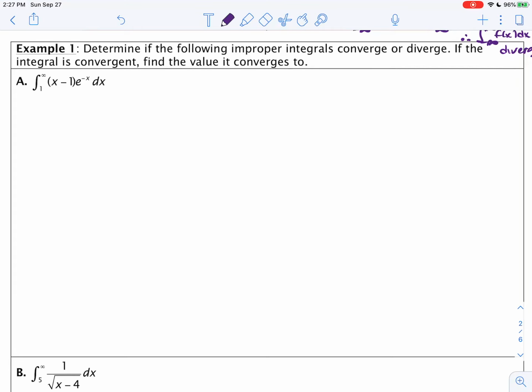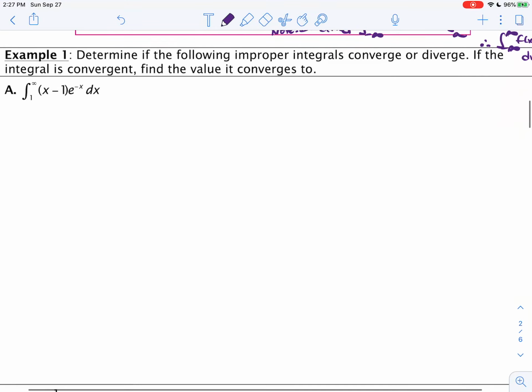Before me in example A, I see an algebraic function multiplied by a transcendental one. Substitution doesn't work, obviously, so I'm going to choose integration by parts.